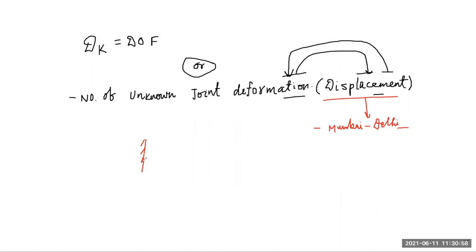Here one cantilever beam is given. On this cantilever beam, a point load or vertical load is given at the free end.